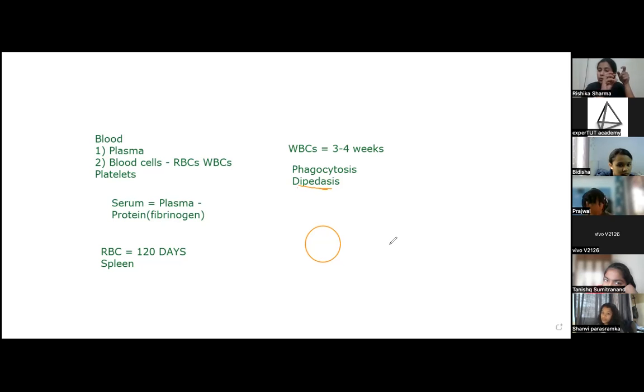Diapedesis में WBCs squeeze out of the blood vessels and fall on the surface of the bacteria and germs and just kill them by creating a pressure over them. Okay. But both these processes happen in your body to enhance your immunity or to fight the infection. Is it clear?